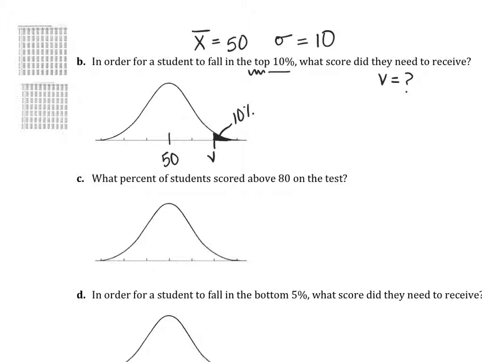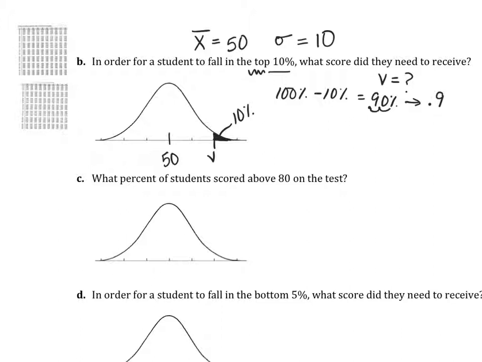And so because this is a problem where we shaded to the right and it's saying it's a top 10%, or you can think of it as an above problem, the very first step you have to do is take 100% and minus the 10%. And when we do that, we get 90%, but you want to change that to a decimal. So you'd be moving your decimal 2 to the left, and that's going to be 0.9.